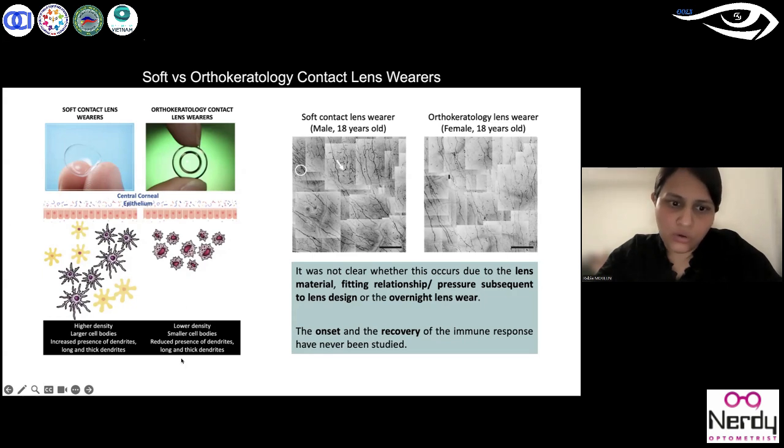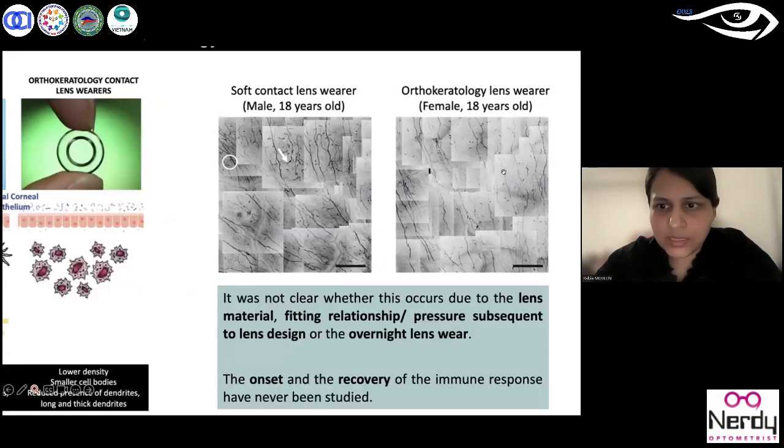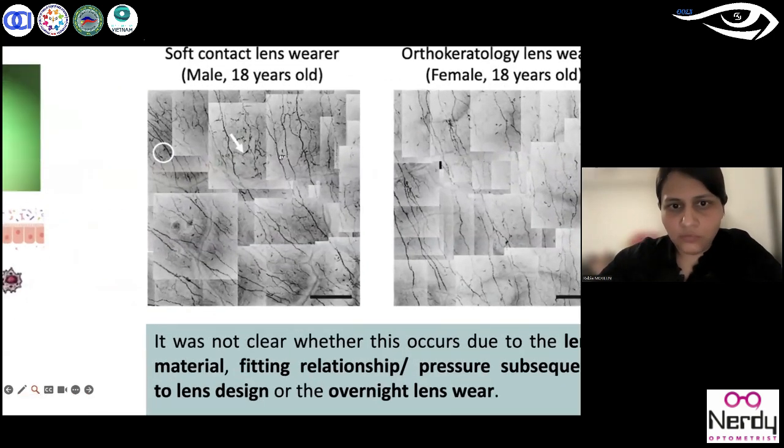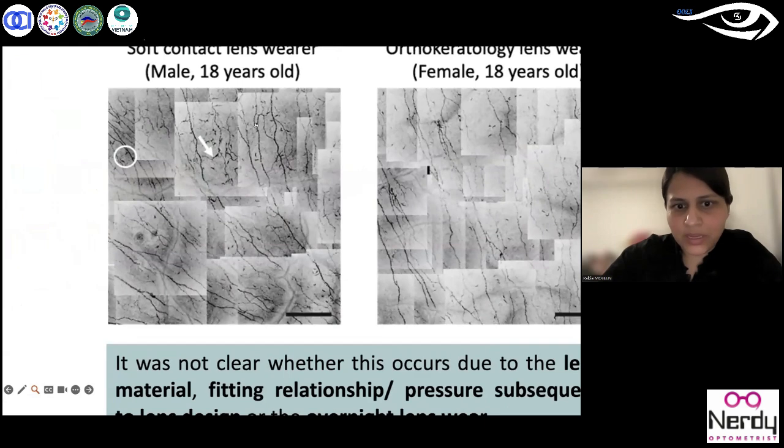But in orthokeratology lens wear, we observed that in the central cornea, these cells have left the cornea, and if they are present, they are present with very small cell bodies, and they do not have any dendrites. This is how the cornea of soft contact lens wear looks, and this is of an orthokeratology lens wear. We can see here in soft contact lens wear the cells are very big and there are many cells, more than a normal person.